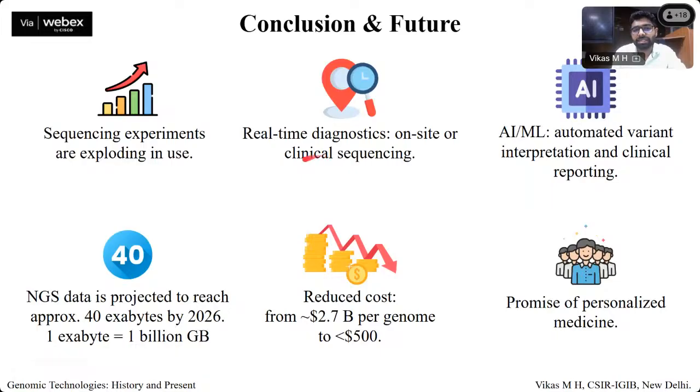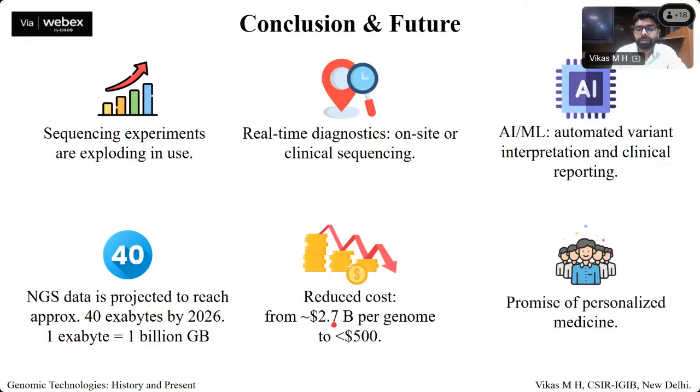And what NGS can do is that it is giving us real-time diagnostics even in remote locations and clinical settings with nanopore sequencing technology, where you can take the devices to different places where it is not convenient for the patients to come to the medical settings.